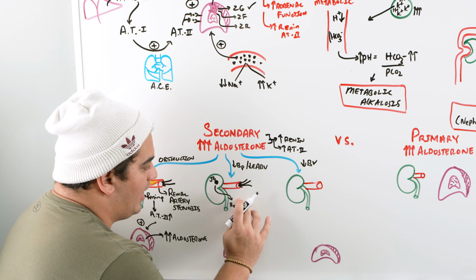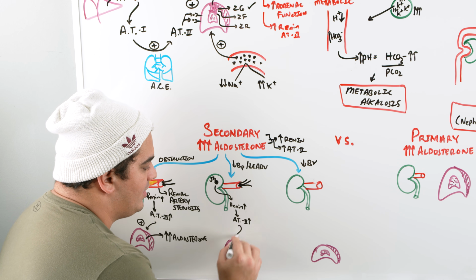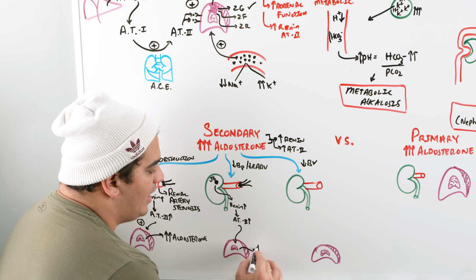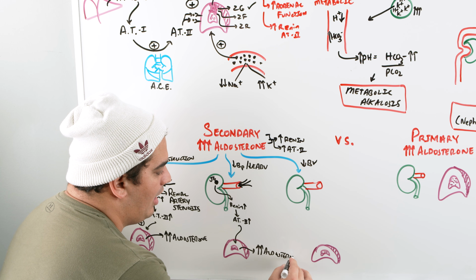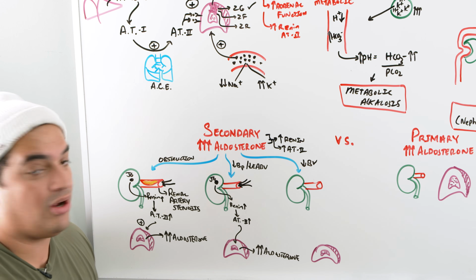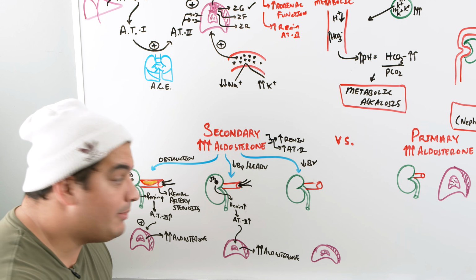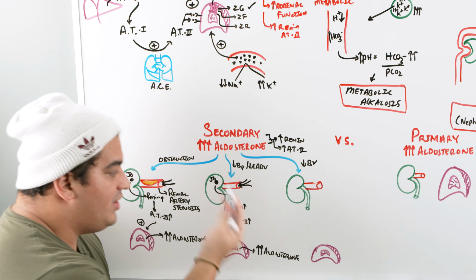So increase in renin, increase in angiotensin 2, stimulate the adrenal cortex to start pumping out aldosterone. And then we see hypernatremia, hypokalemia, secondary hypertension, metabolic alkalosis, polyuria, polydipsia, which is dependent upon the degree of hypernatremia and degree of hypokalemia. So you see these things.